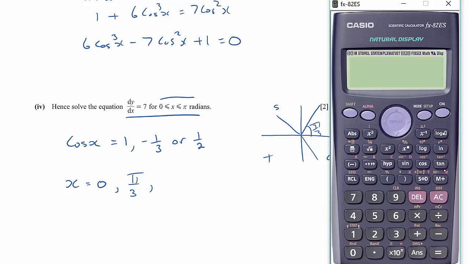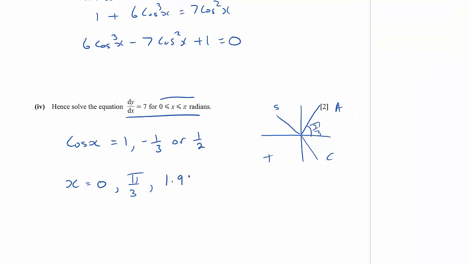So we need to be in radian mode. So we're going to do the inverse cosine of negative 1/3. And that's 1.91 radians.